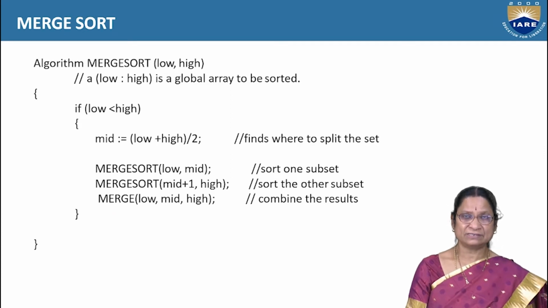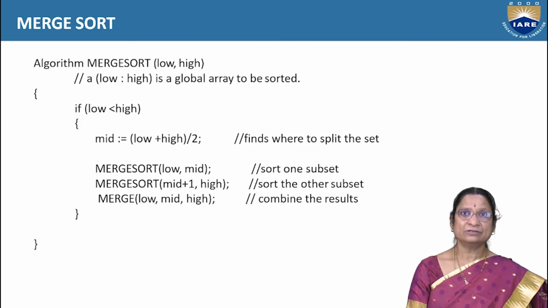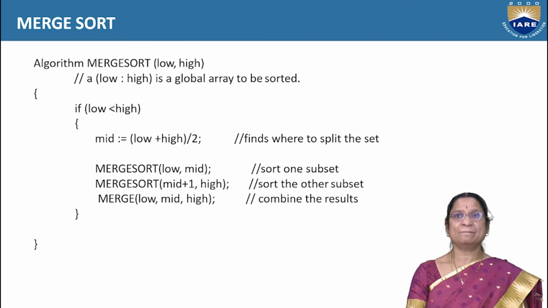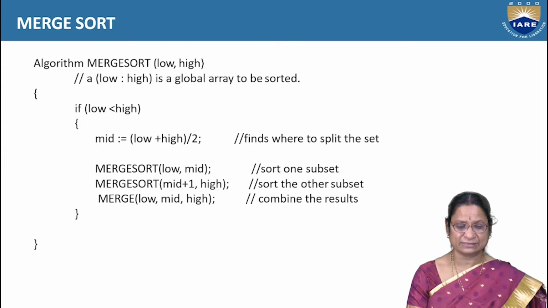So this is the merge sort algorithm, in the algorithmic notations which we discussed in earlier videos. A, low to high is a global array. If low is less than high, only then we consider; P, R, and mid is Q. Here, as in the other example, Q is the mid value, (low plus high) by 2.